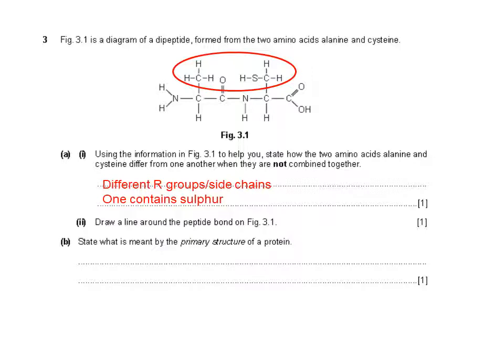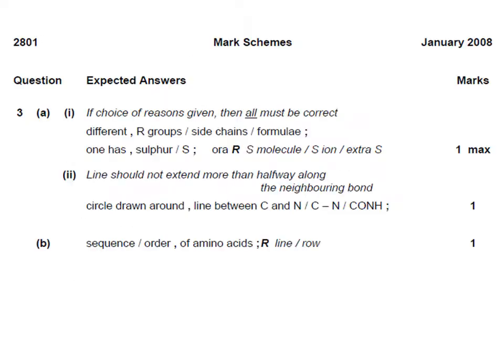The next question is asking you to draw a line around the peptide bond. We'll just have a quick look at the mark scheme. The line should not extend more than halfway along the neighbouring bond. This really is stating that when you do your drawing, make sure that you're very accurate in where you put the circle, and that you don't have it covering more than you expect it to cover.